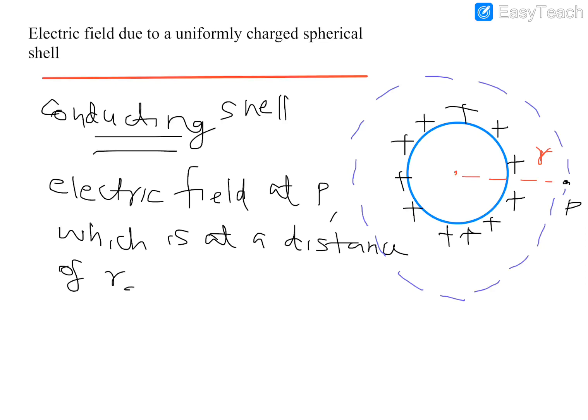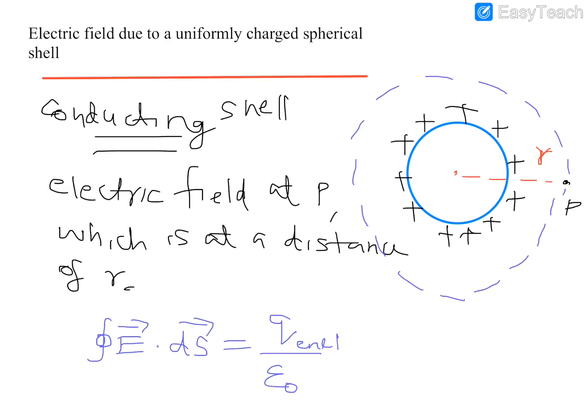Now let us apply Gauss's theorem here. What is Gauss's theorem? Closed integral E dot ds is equal to q by epsilon 0, where q is the enclosed charge.